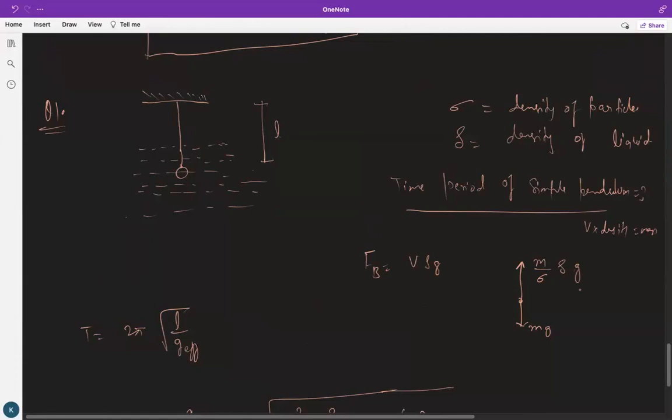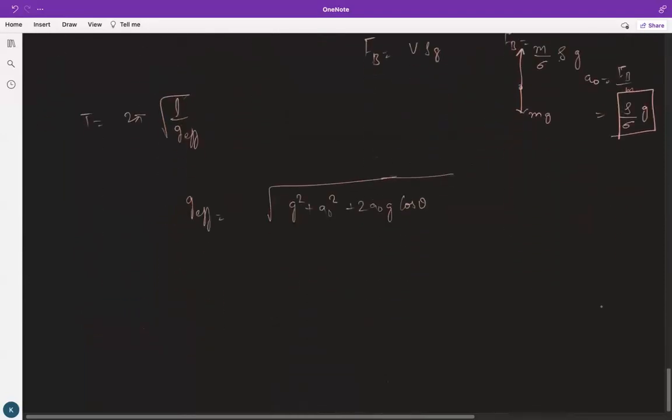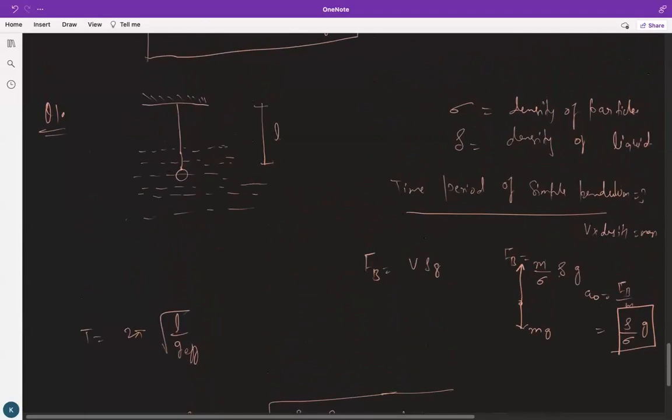When we divide this force FB by m, we get the acceleration A naught, which is rho by sigma into G. Both forces are in opposite directions, so theta is equal to pi, or 180 degrees.